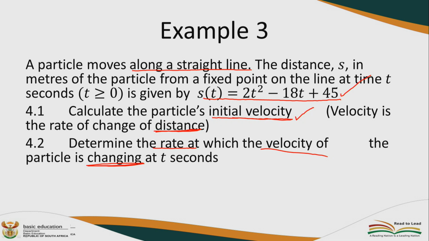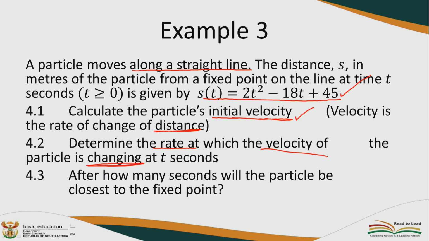So in other words, in this question, they are asking us to determine the acceleration of this particle at t seconds. So that's basically what we are asked to do in that question. All right, now the next question, 4.3, they say after how many seconds will the particle be closest to the fixed point? Closest.